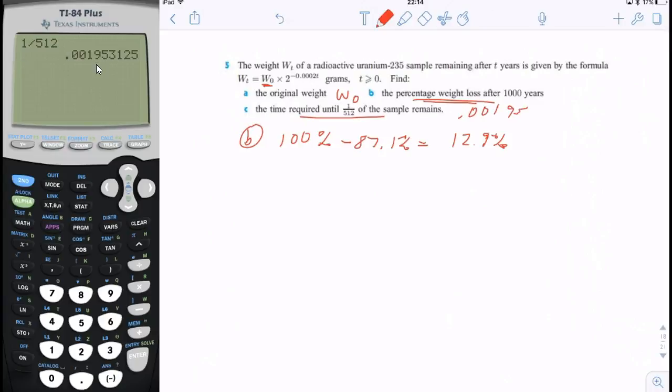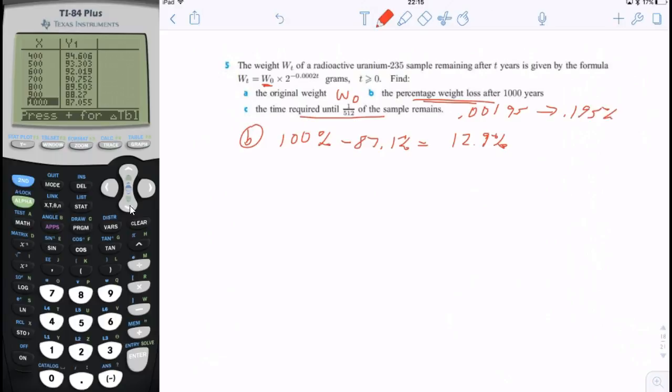What I'm looking for in my table is when does it equal 0.00195, which in percentage is 0.195%. Still almost nothing, right?